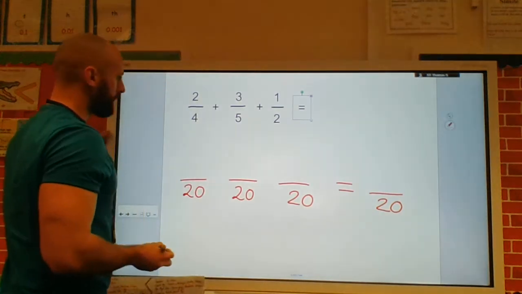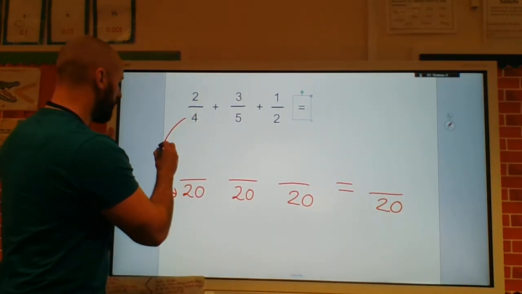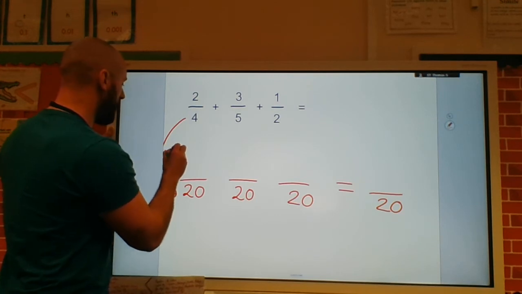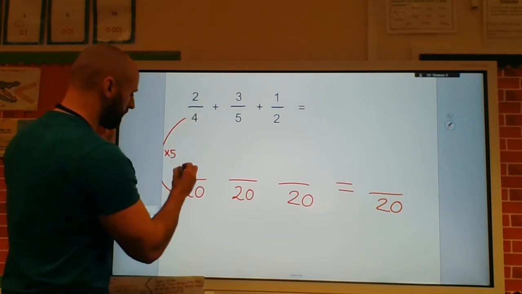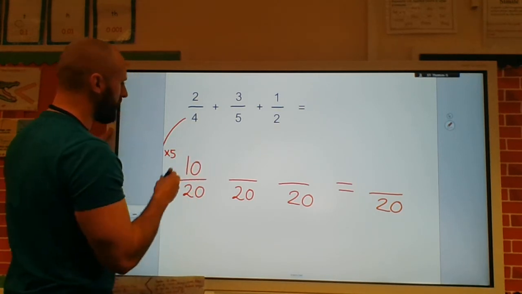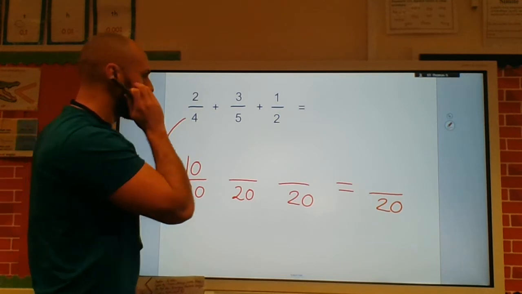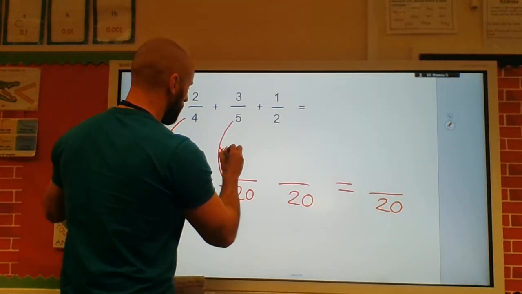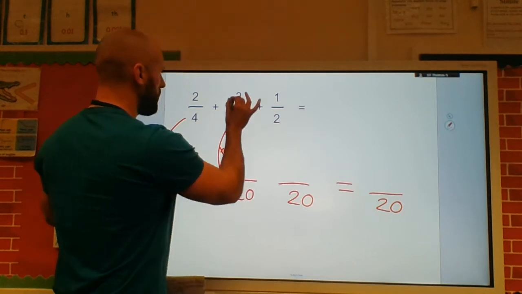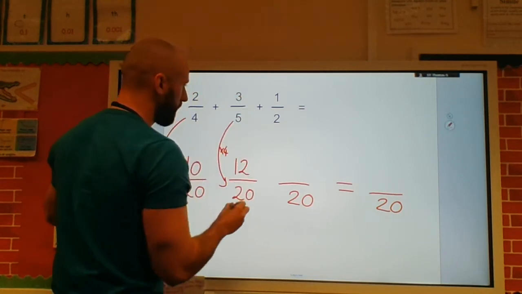Right, so, well, 4 times 5 is 20, so 2 times 5 is 10. Remember, whatever you do to the denominator, you must also do to the numerator. 5 times 4 is 20, so 3 times 4 is 12.